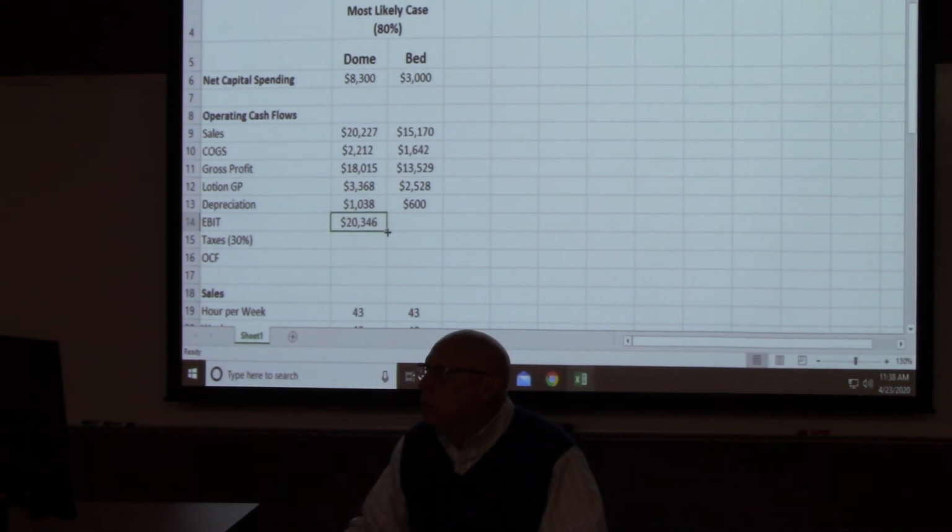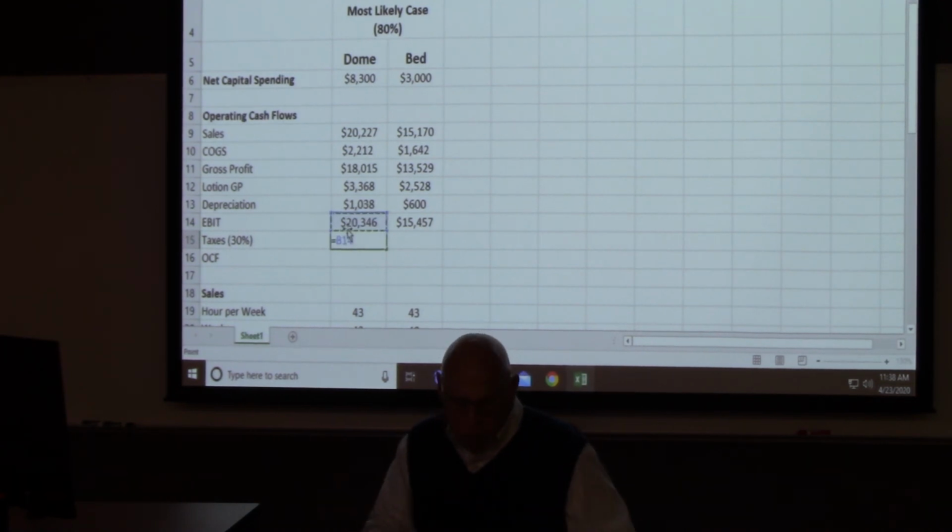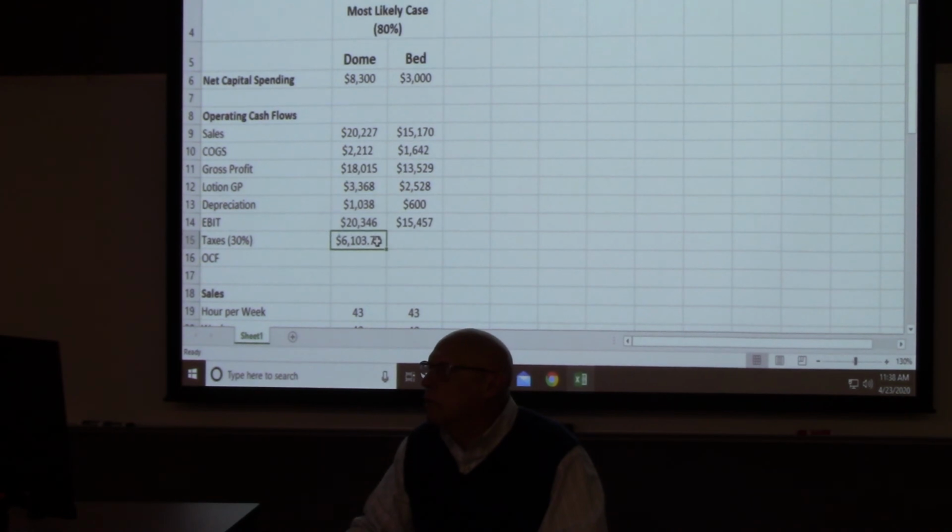So let's scroll over here. And then our taxes equals our EBIT times 0.3. Let's go ahead and get rid of the cents there. They're not material.